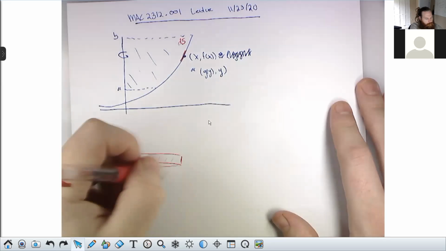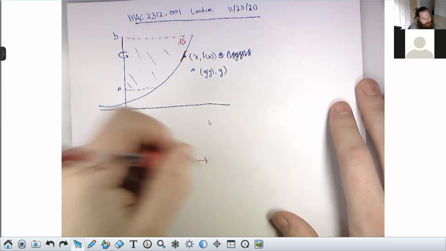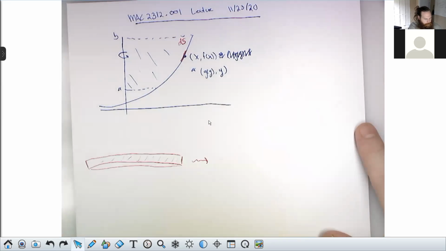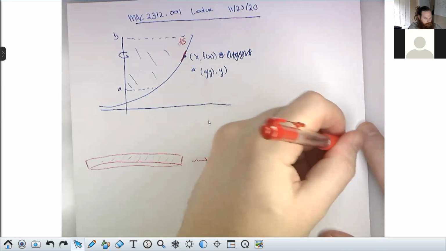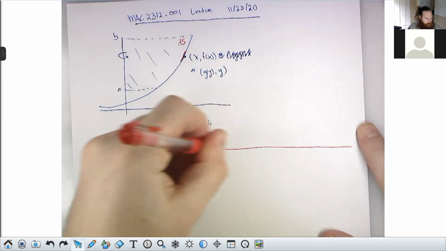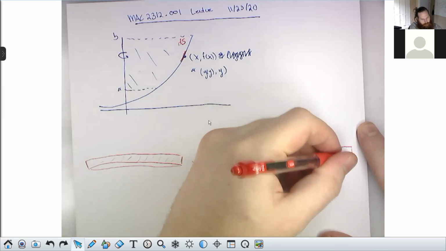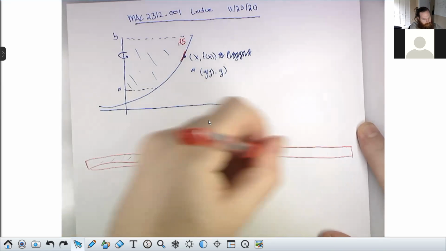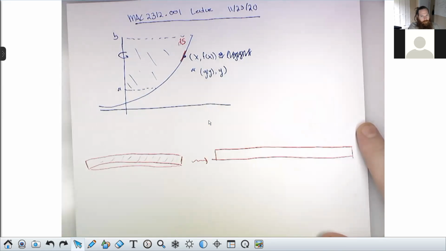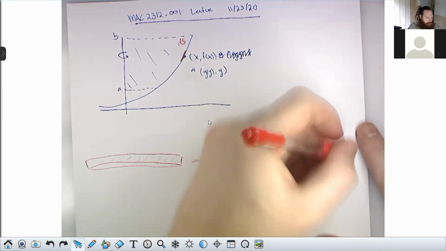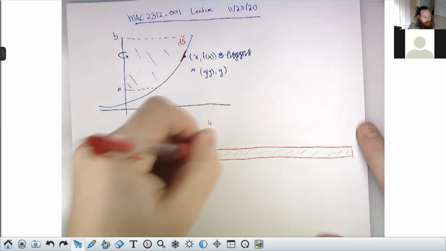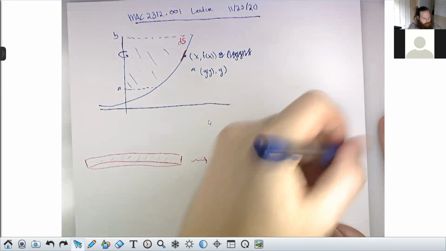Which I can cut and unroll. And I just have to think about the dimensions of this band. One of them is clearly still ds.